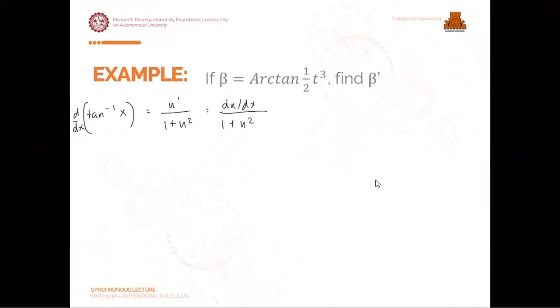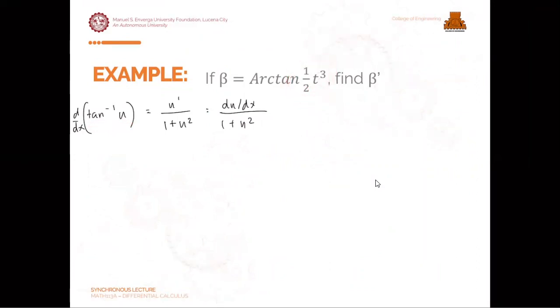What we have to do now is identify the values in the formula. Here, for arctangent of u, we let u be 1/2 t cube.